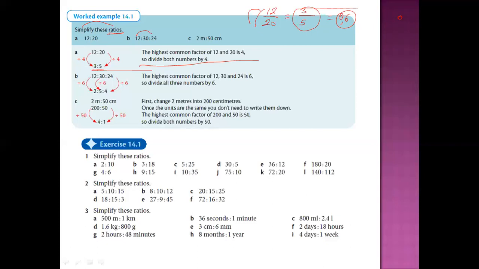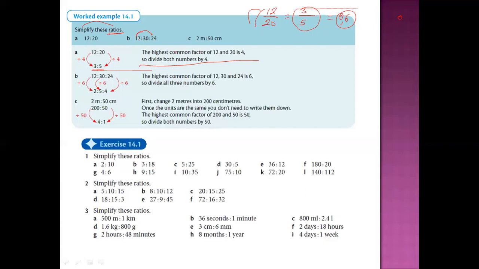Now we have 3 different numbers. How can we write it? 12 to 30 to 24. Also, we should take a common factor. So what are the common factors of 12, 30, and 24?